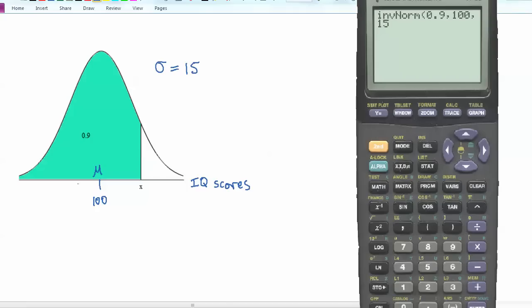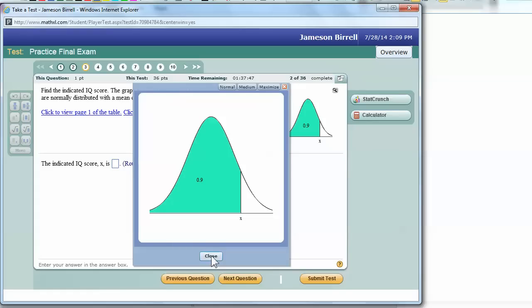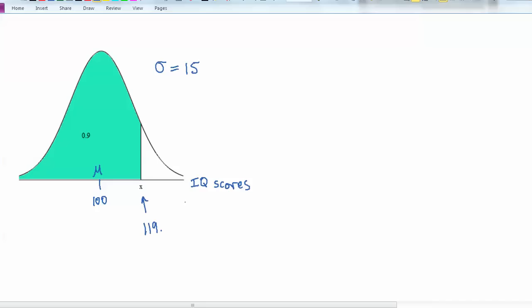So the mean, instead of being 0, is 100. Standard deviation, instead of being 1, is 15. I don't even have to close that parenthesis, in fact. Let's hit enter. 119.22. That would be this value right here. And they want it rounded to 1 decimal as needed. An IQ score of 119.2.